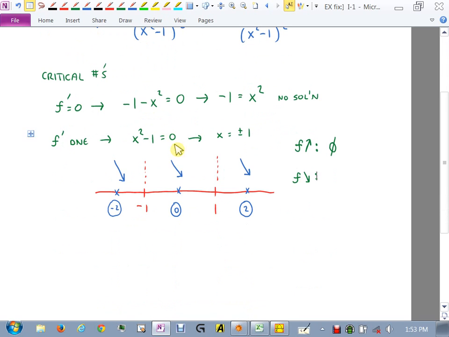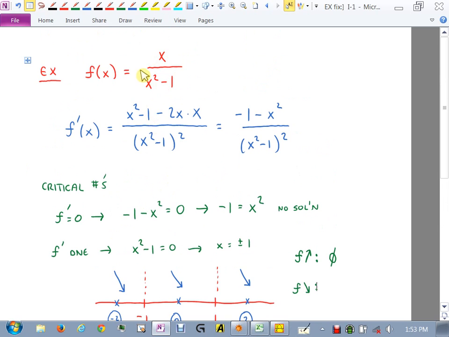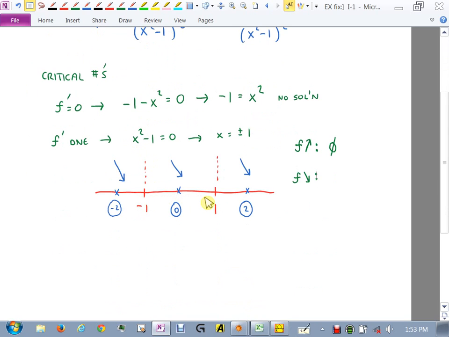That's the key. If the derivative wasn't defined there, that would be okay, because that might mean I just have a corner or a cusp or something. The fact that the original function is not defined at 1 or negative 1 means these numbers are not in the domain of the original function. So you can't tell me it's always decreasing from negative infinity to infinity, because that would imply that it's decreasing at 1, but it's not even defined at 1.